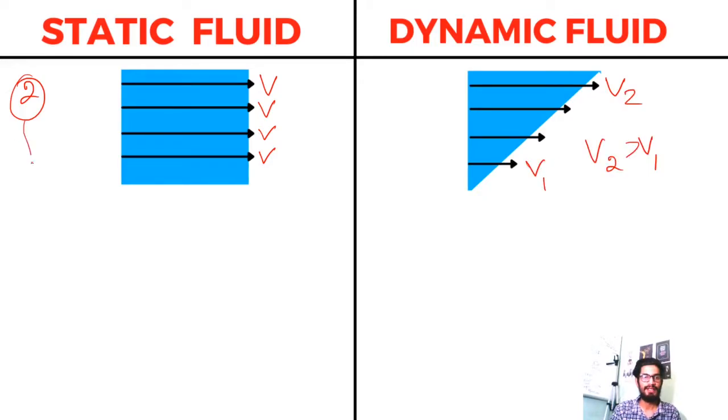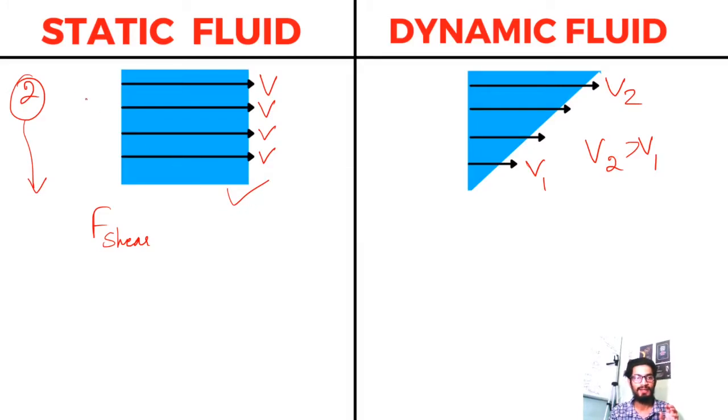Now the second thing is, in a static fluid there is no shear force which acts on the fluid, and even if there is a shear force, the fluid does not resist it and immediately moves, like I said earlier, in such a way that the particles will not move relative to each other.